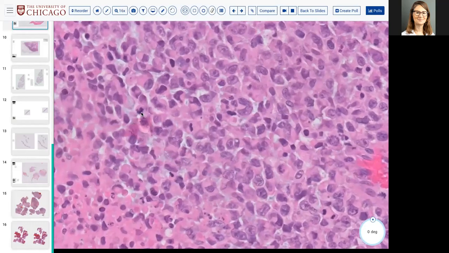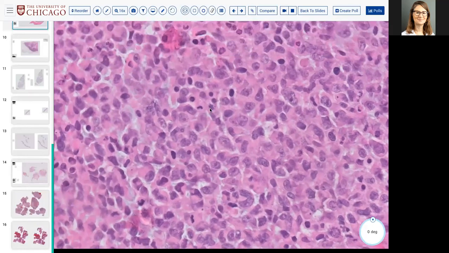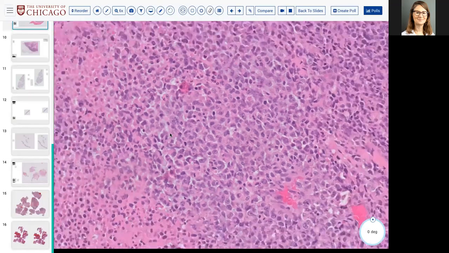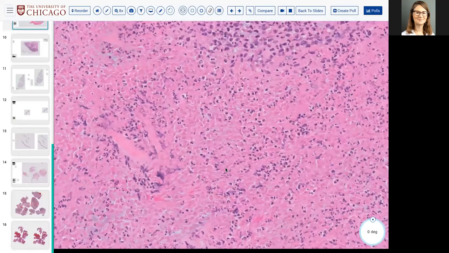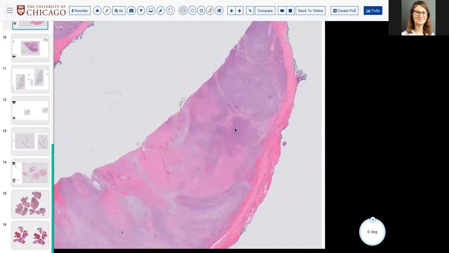And so you see mitosis 1, 2, 3 right here. You see nucleoli. So mitoses, cytologic atypia, nucleoli, those two things and necrosis, you're done. This is malignant myoepithelioma. You can call it malignant myoepithelioma. You can call it myoepithelial carcinoma.